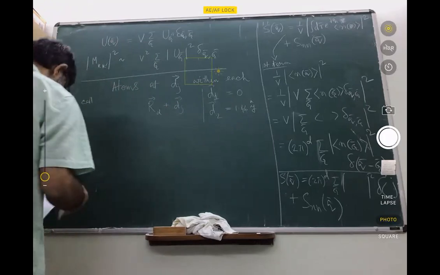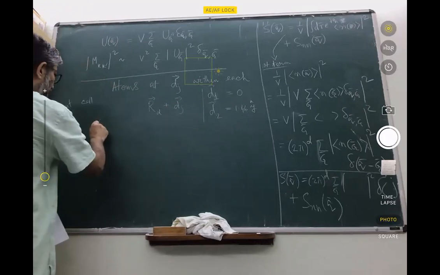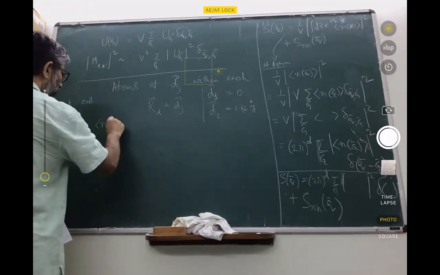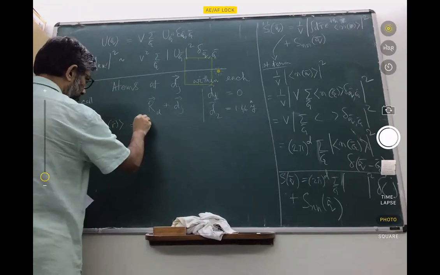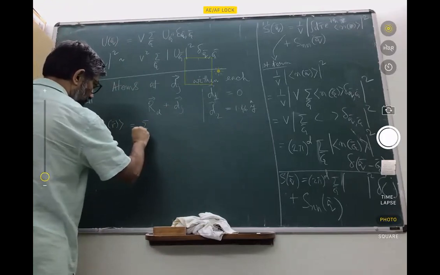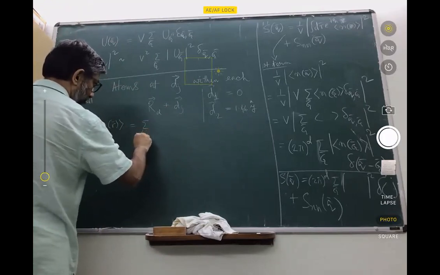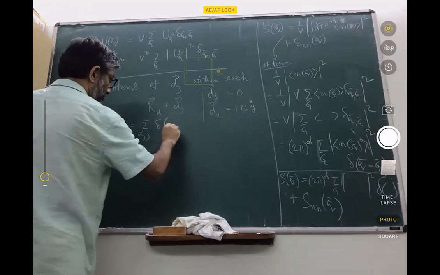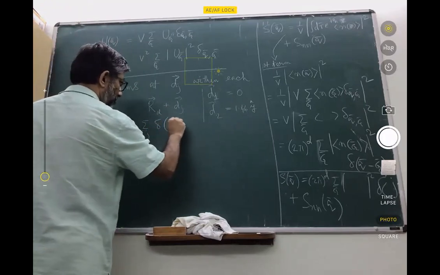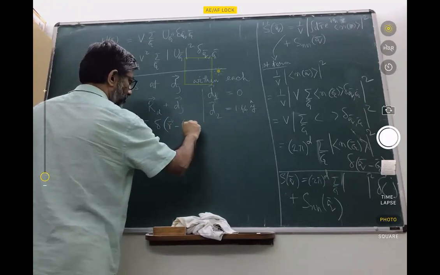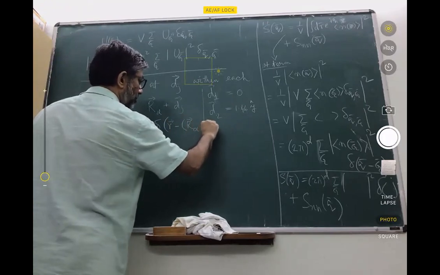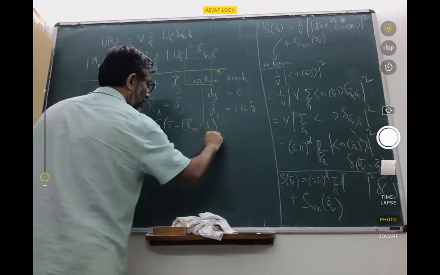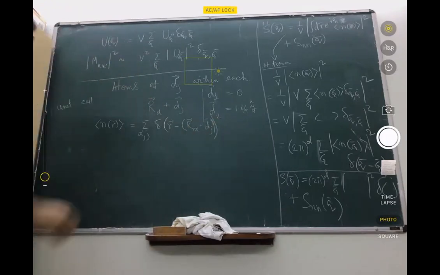So then your N(R) would be this, that's your density.